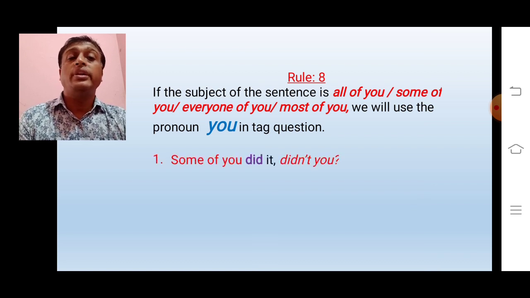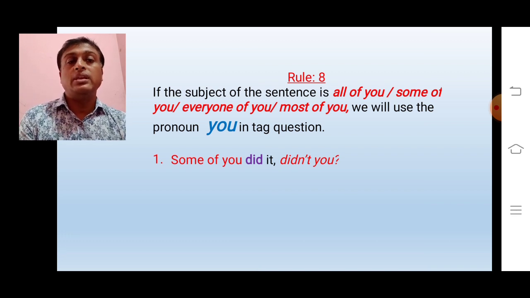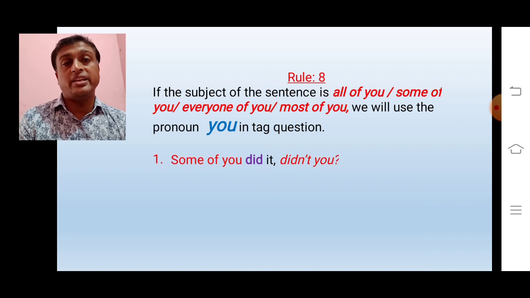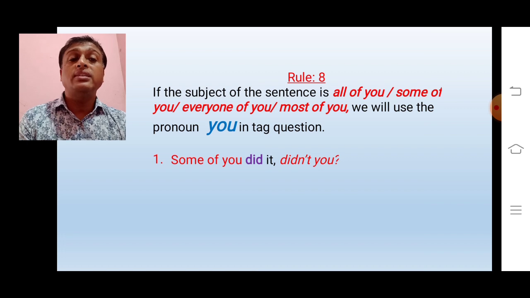Some of you did it. Here subject is some of you. As this sentence has started with a subject, this is an example of assertive sentence. And this is a positive statement. So I have written the answer of this sentence is didn't you.